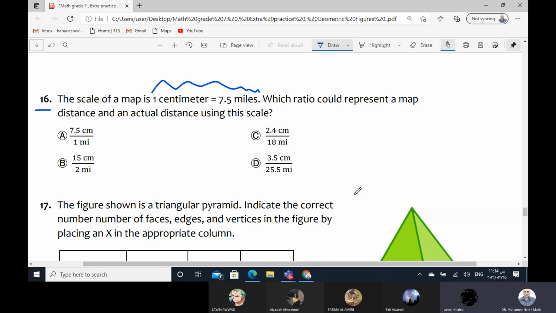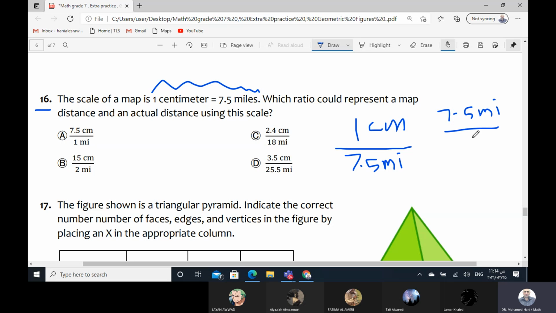Great. So as you see, we have 1 centimeter, 7.5 mile. Or we can write 7.5 mile over 1 centimeter.